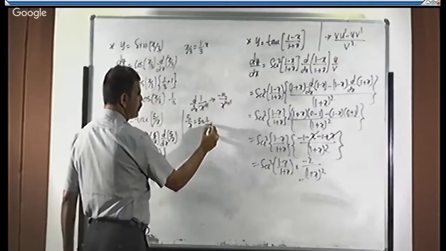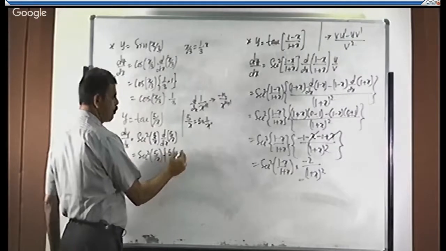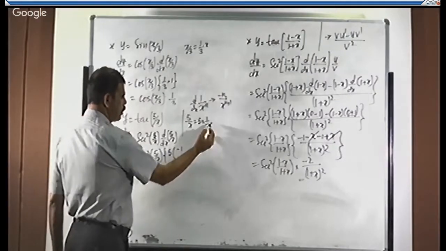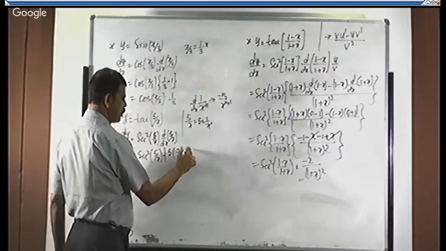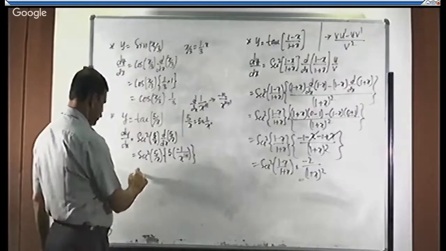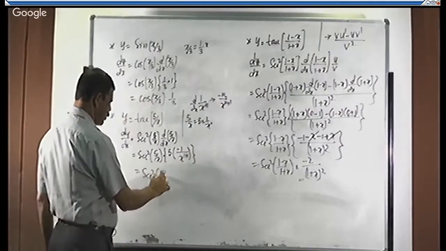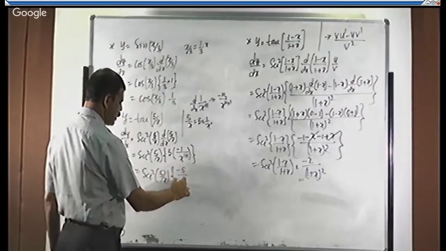So use that. According to that, it will become 5 into minus n. What is n? N is 1 divided by x to the power of 1 plus 1. It is secant square of 5 by x into minus 5 divided by x square.